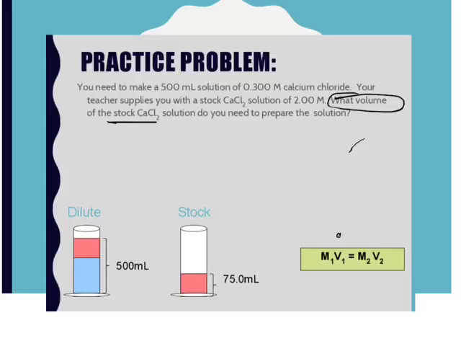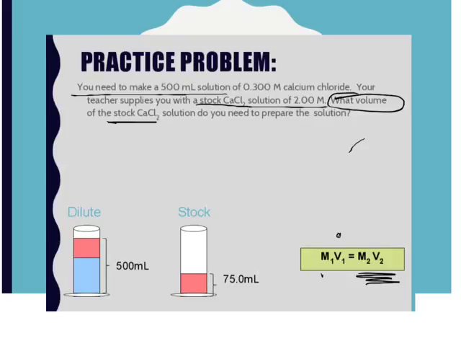So when I see this here, you need to make this. This is telling me that this is my secondary information here. This is what I will have in the end. And my job is to figure out how much of Mrs. Gordy's 2 molar stock solution do I need in order to make that final stuff.